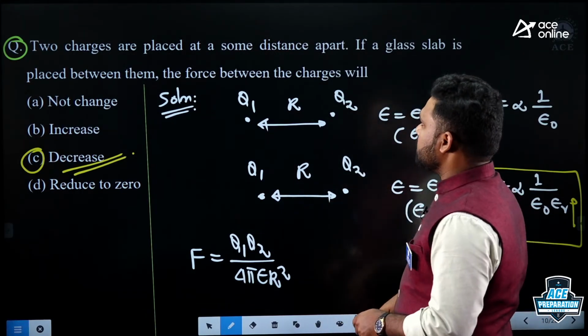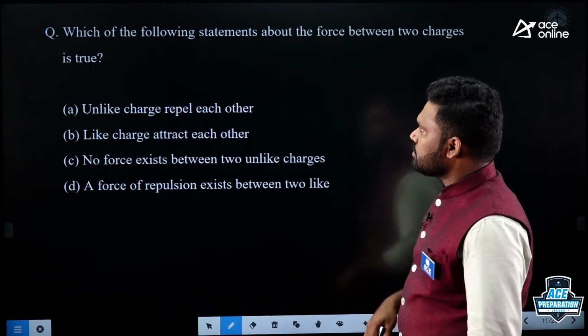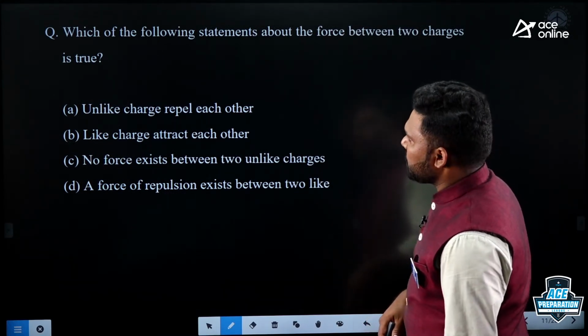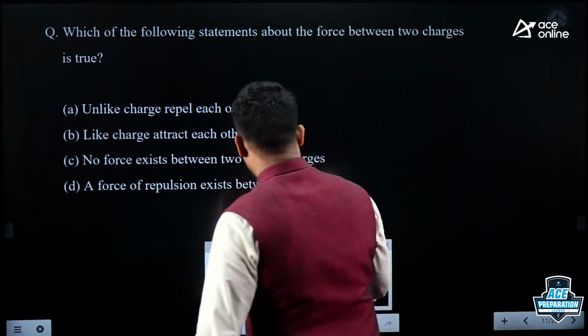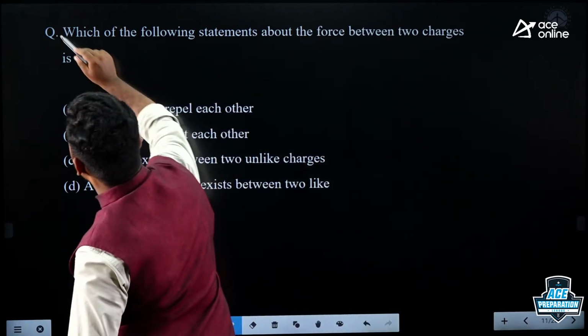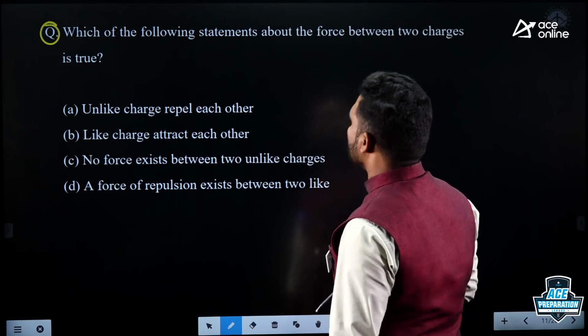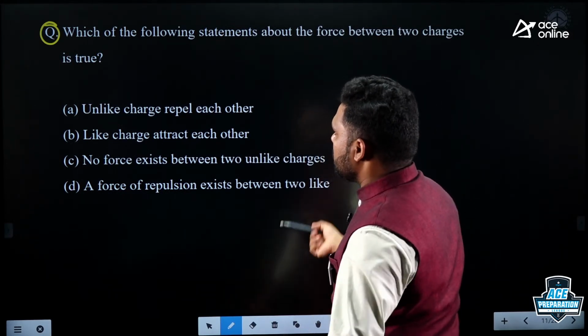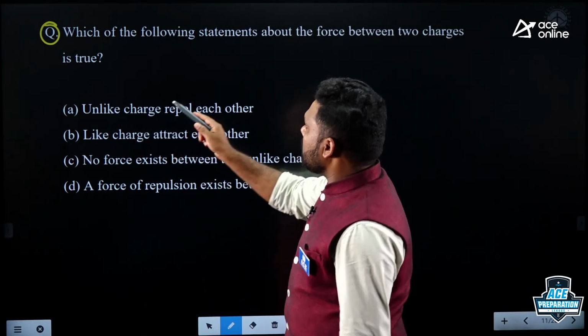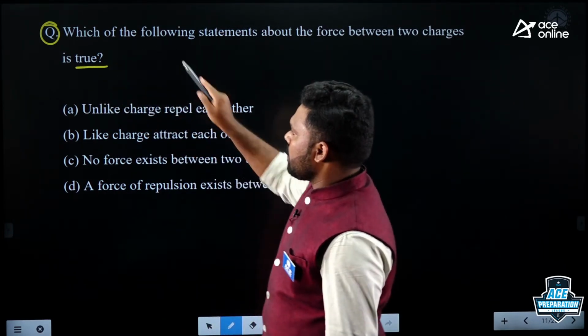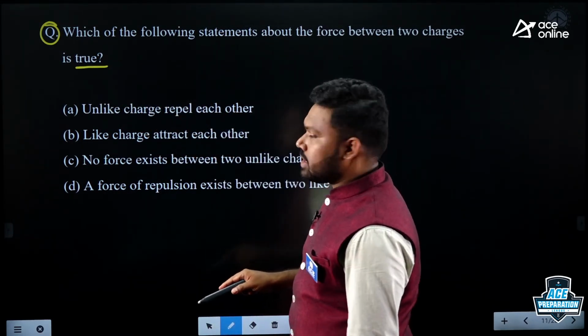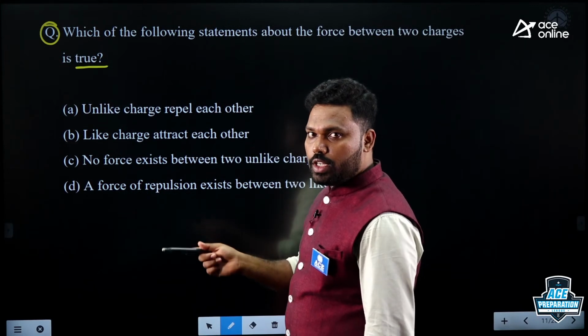Clear, friends? So the force between the two charges is going to decrease because of introducing this glass. Fine. Let us take one more question. This is also one of your previous questions. I'll read it out. Which one of the following statements about the force between the two charges is true? It is asking what is true. Unlike charges repel each other. Unlike means positive and negative; repel each other?